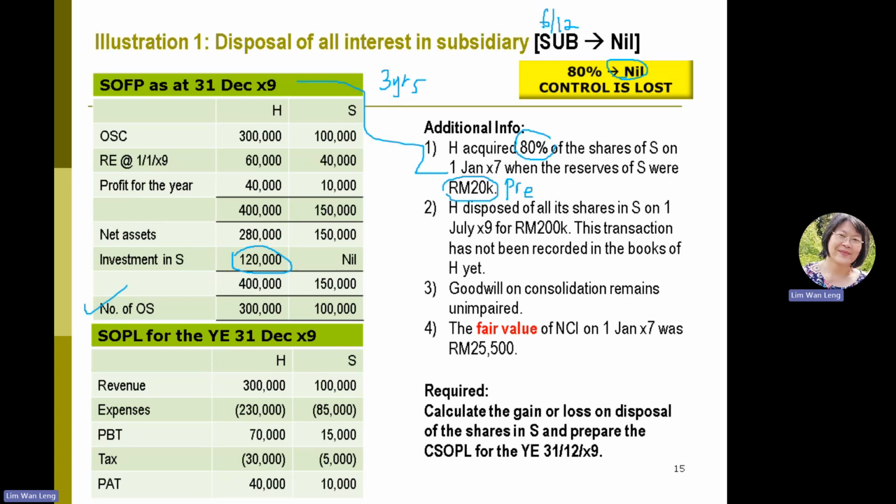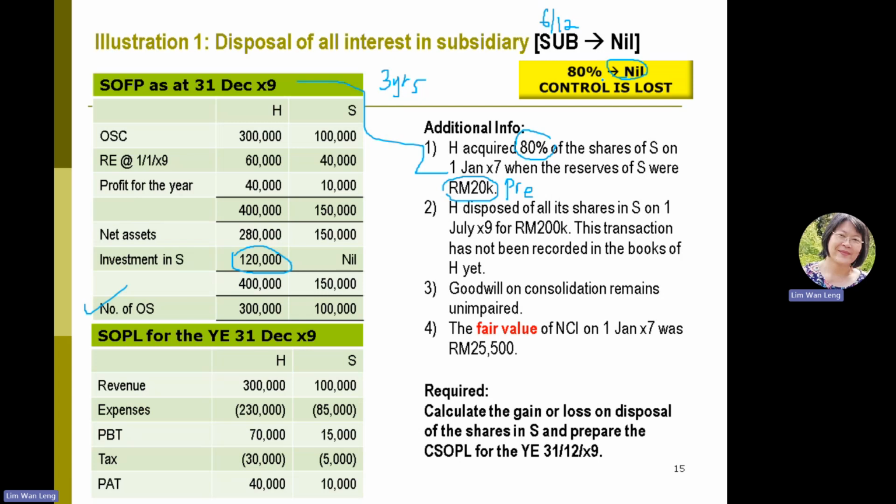So later it becomes zero, right? So you cross the 50% boundary. You must tell yourself what the status is. First 6 months, you are the subsidiary. After the full disposal, you are no longer connected to the group. So in other words, you cross the 50% boundary, you need to calculate gain or loss on disposal.